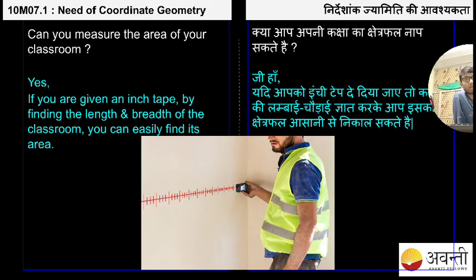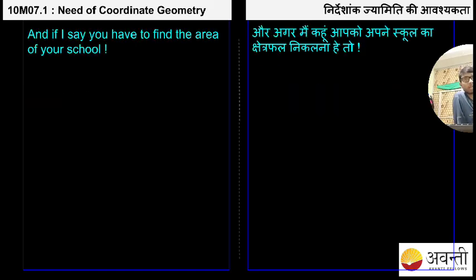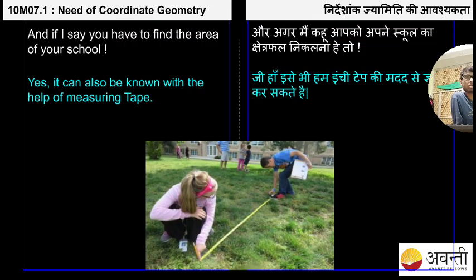And if I say you have to find the area of your school, then what will you use? Yes, it can also be found with the help of a measuring tape.